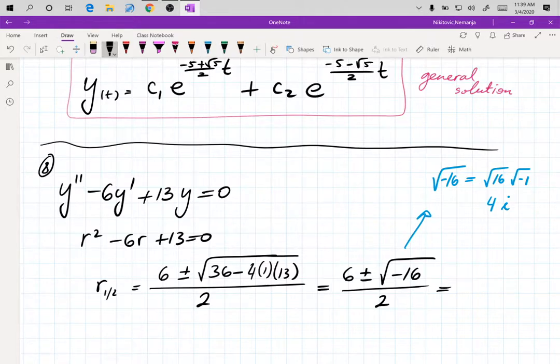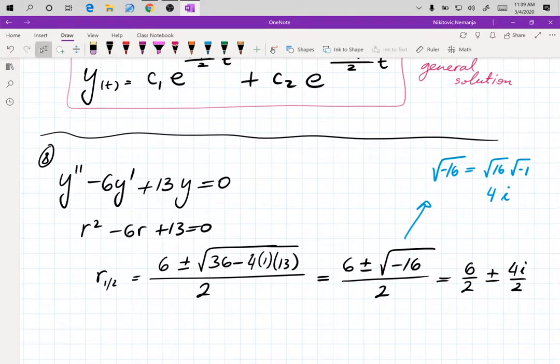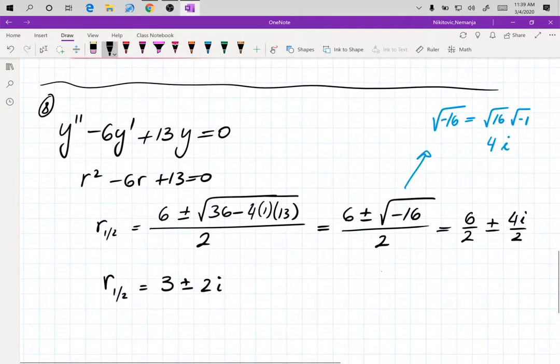So we are going to have 6 over 2 plus minus 4i over 2, and that will reduce into 3 plus minus 2i. You see a complex conjugate pair because there's just a plus and minus in between real and imaginary.